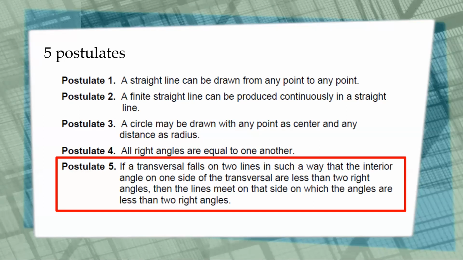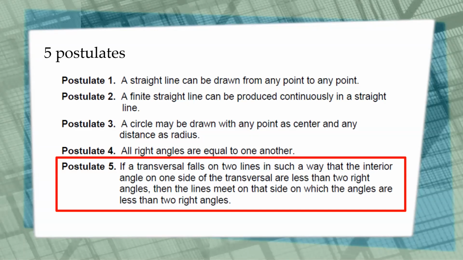Second is, a finite straight line can be produced continuously in a straight line. So if we're going to have a line, then it extends forever. Okay? Number 3, a circle may be drawn with any point as center and any distance as radius.